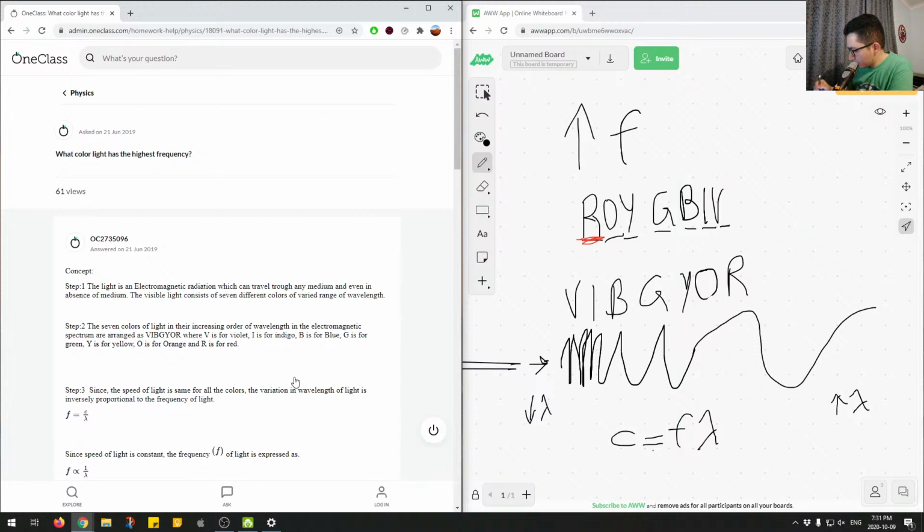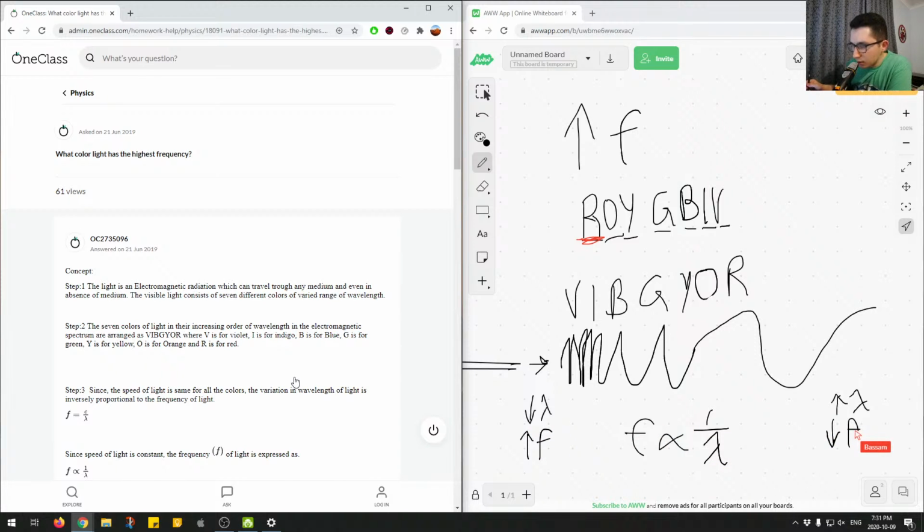So f is inversely proportional to lambda. Therefore, we have high frequency over here and low frequency over here.